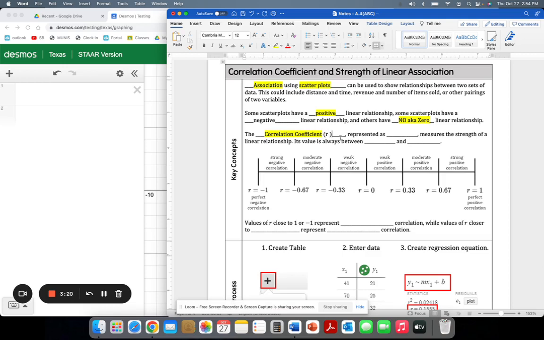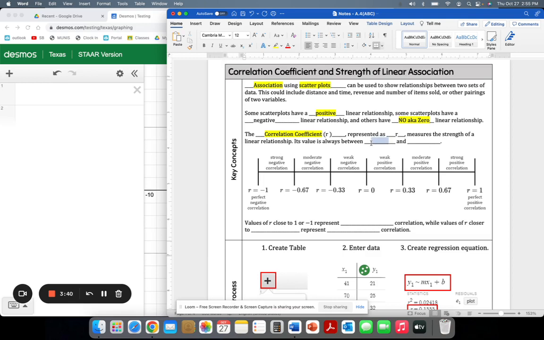When I'm going to use the calculator, same with y1 tilde mx1 plus b. And it is represented as R. It measures the strength of a linear relationship. So this value of R tells me about the strength of the relationship.